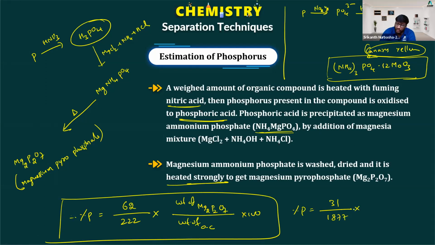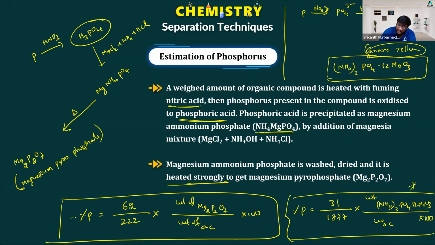1877. Very good. Into the weight of ammonium phosphomolybdate, the canary yellow precipitate, that is (NH4)3PO4.12MoO3, divided by the weight of the organic compound into 100. These are the two ways to estimate how much percentage of phosphorus is there in that particular organic compound.